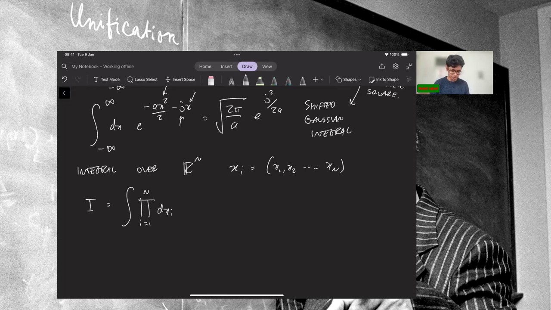Okay, so this is just an integral over R^n. So dx_1, dx_2, dx_3, dx_4 of the exponential of minus x_i A_ij x_j divided by 2. Okay, so in this formula, I'm using the Einstein summation convention, which means that I am summing over i and j, but I'm not writing that down. Okay, so A here is an n by n matrix.